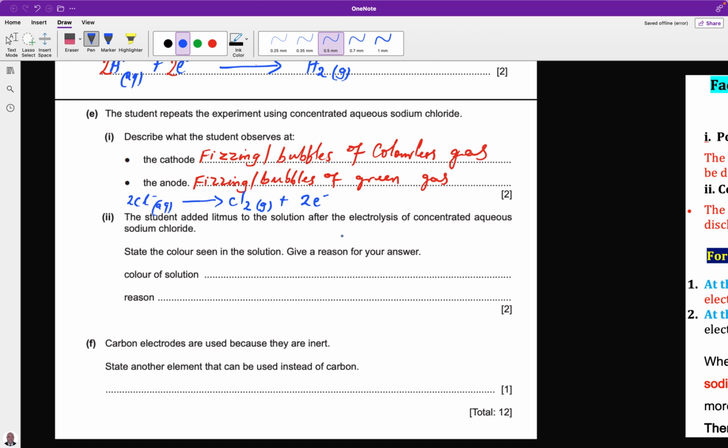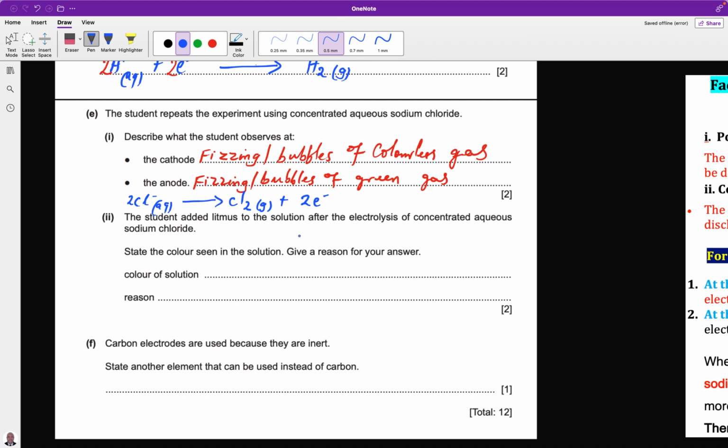So sodium hydroxide will give us an alkali solution. So if we now put a litmus paper there, it indicates that it is an alkali solution. If it is alkali, the litmus paper will not turn red, but it will turn blue because the solution is alkali.